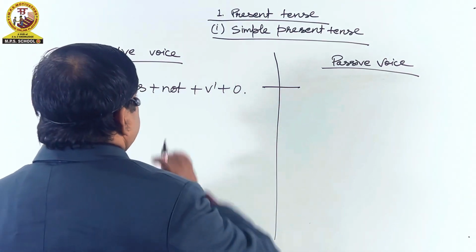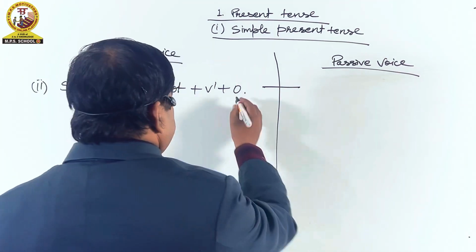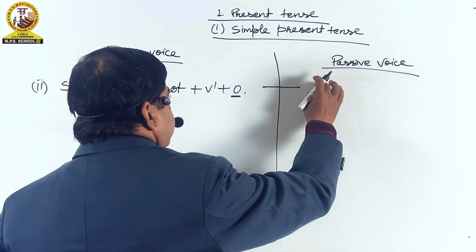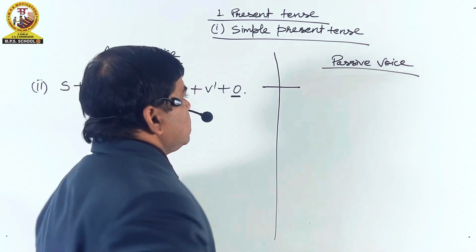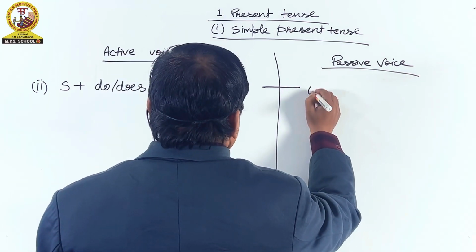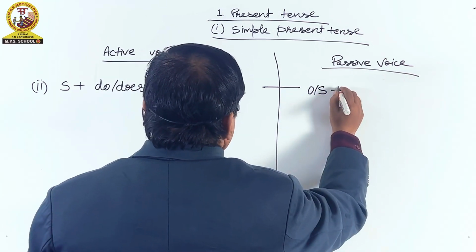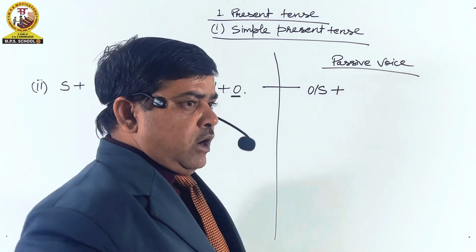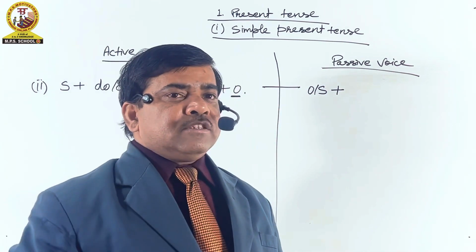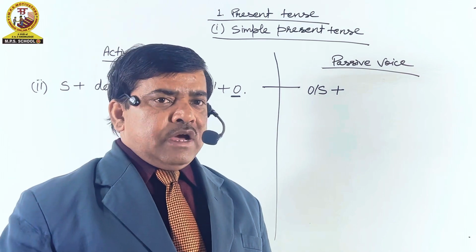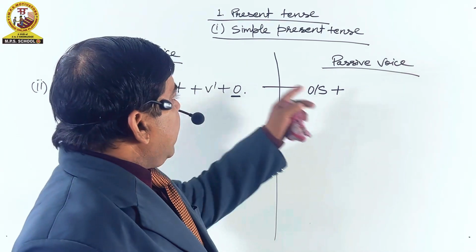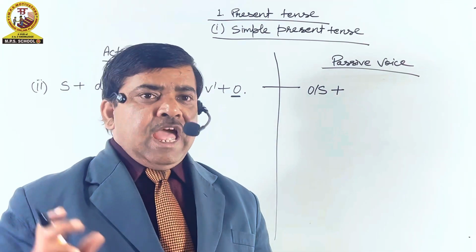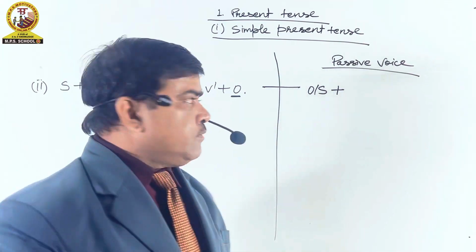To change it into passive voice, we will take the object of the active verb as the subject of the passive verb. So we will write here object as subject, plus, we have already learned that in passive voice we use am/is/are. In passive voice of simple present tense we use am/is/are as helping verbs.